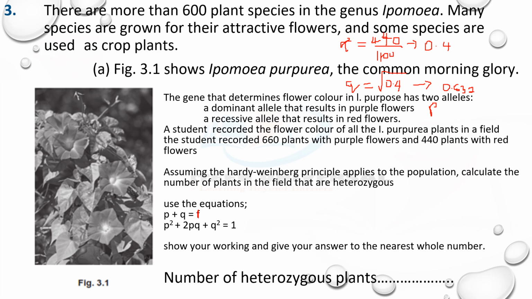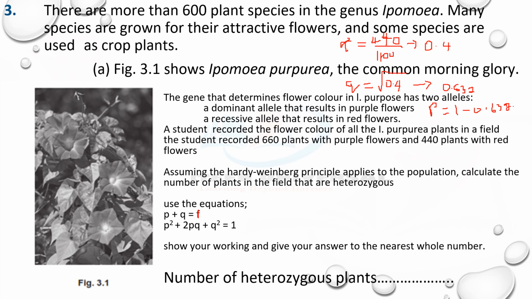So that means that p will be equal to 1 minus 0.632, which gives 0.368. So we have used q to find p because q is recessive. Recessive is sure, right?